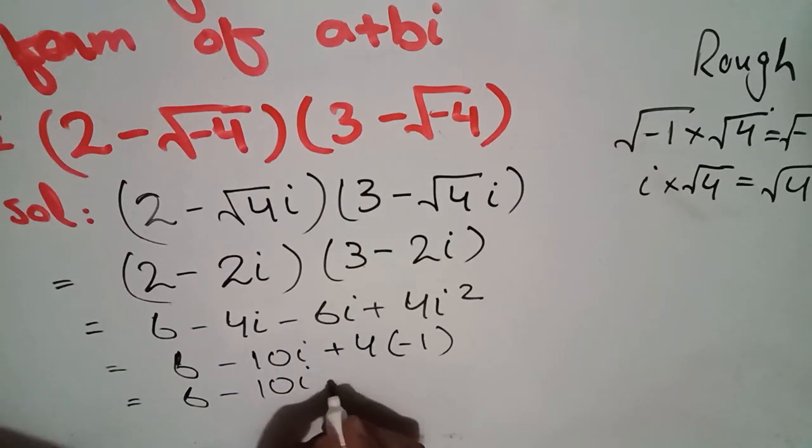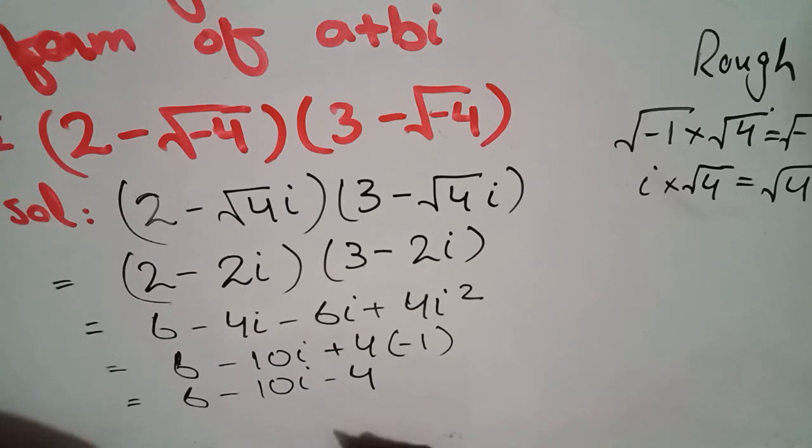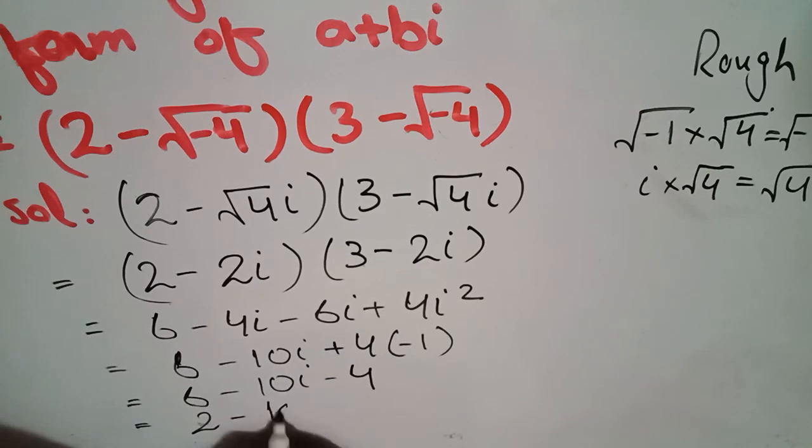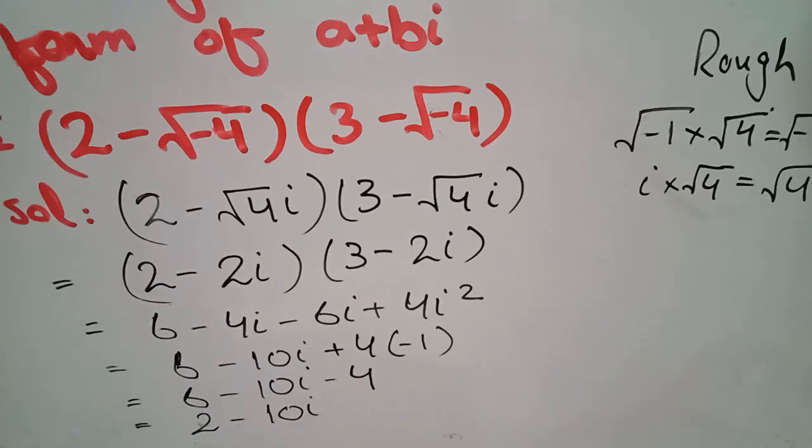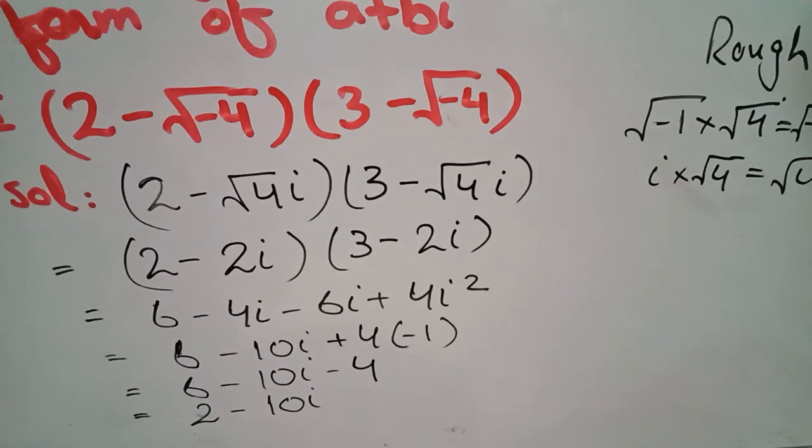Okay, minus plus minus 4, and the answer will be 6 minus 4 is equal to 2 minus 10 iota. So this is remaining, and this is the answer.